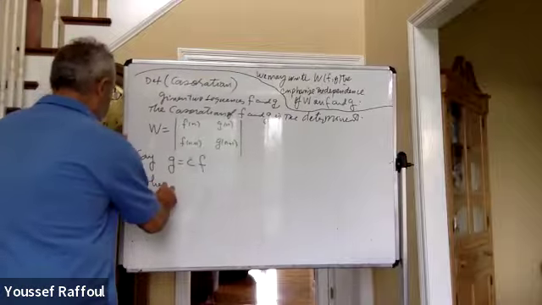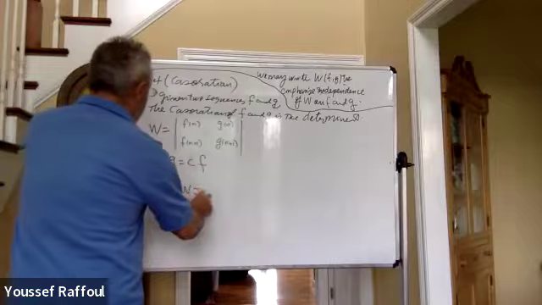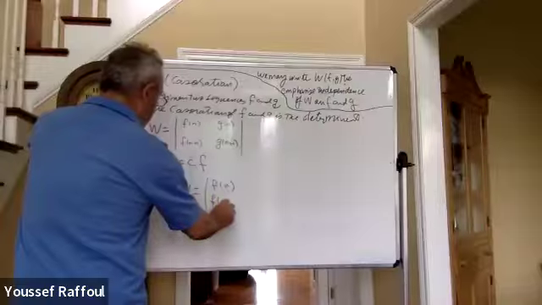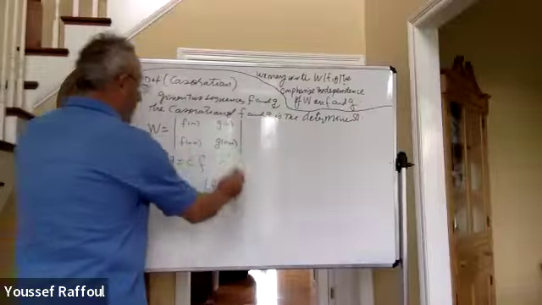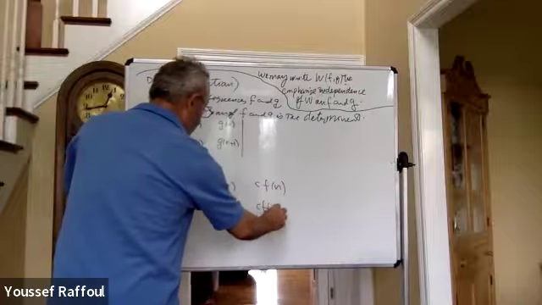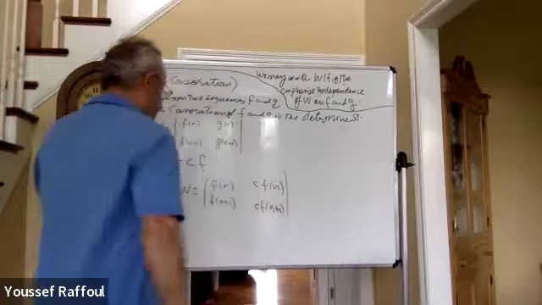Then W is f(n), f(n+1), and now g is cf(n) and cf(n+1).